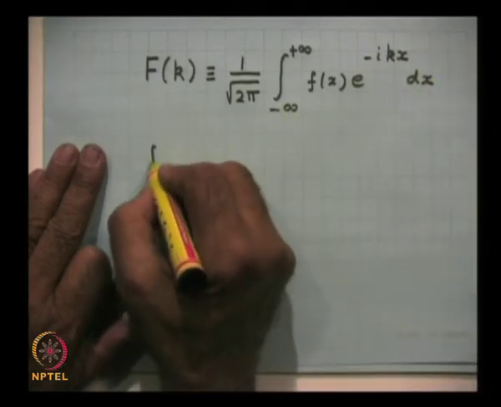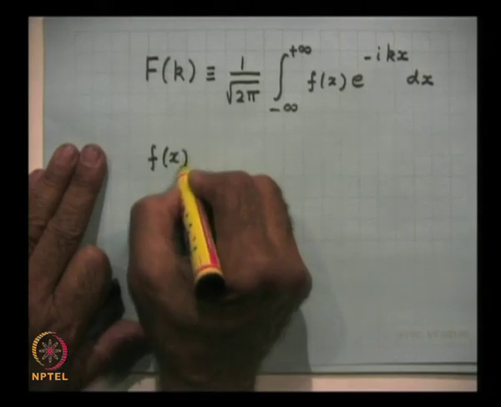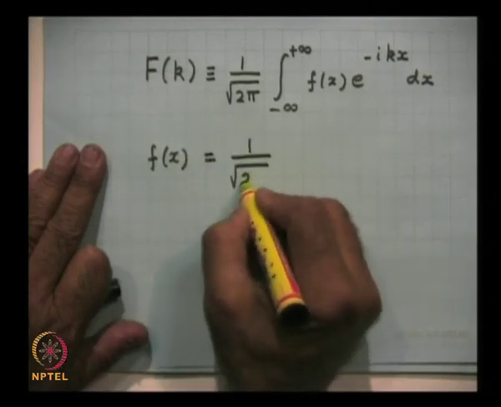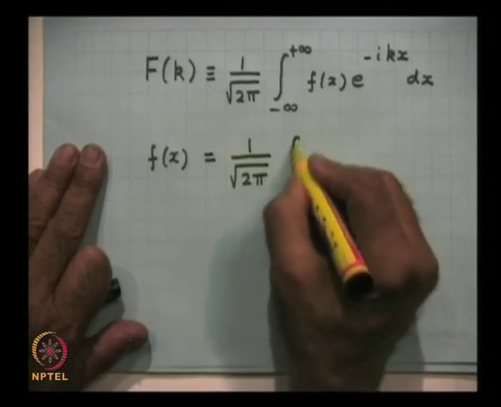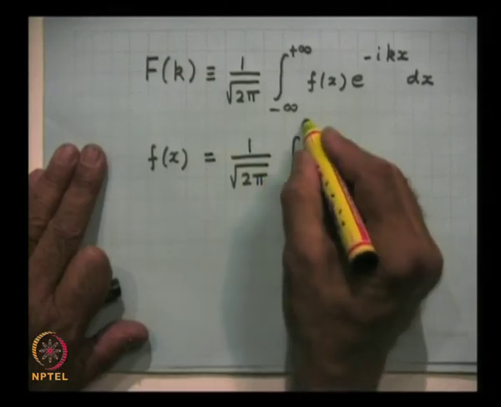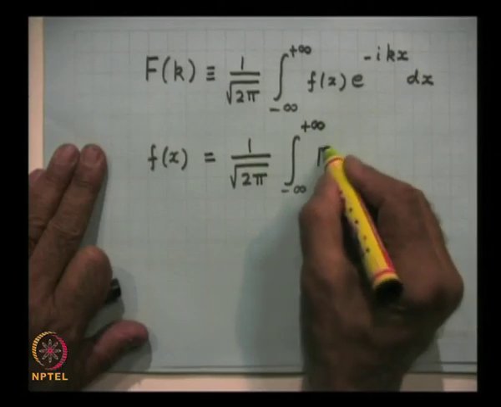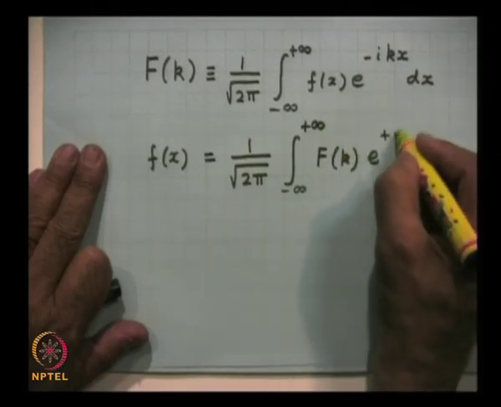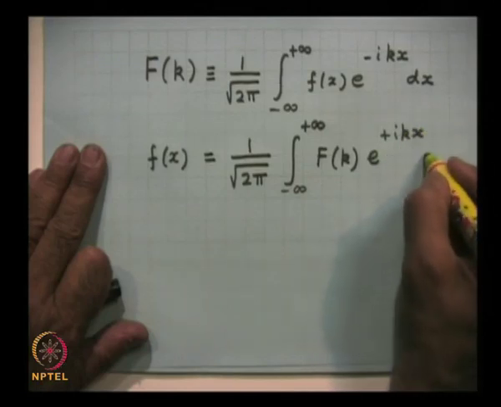Then f of x is known as the inverse Fourier transform of f of k. So, 1 over root 2 pi, integral from minus infinity to plus infinity, f of k e to the power of plus i k x. Now, the integral is over k.